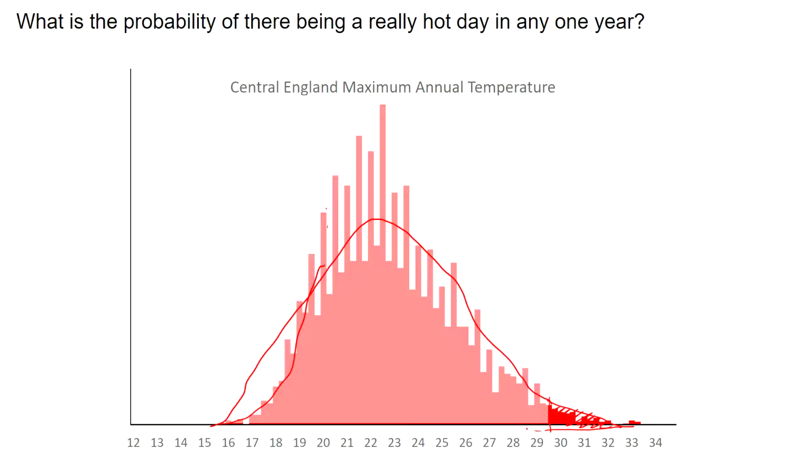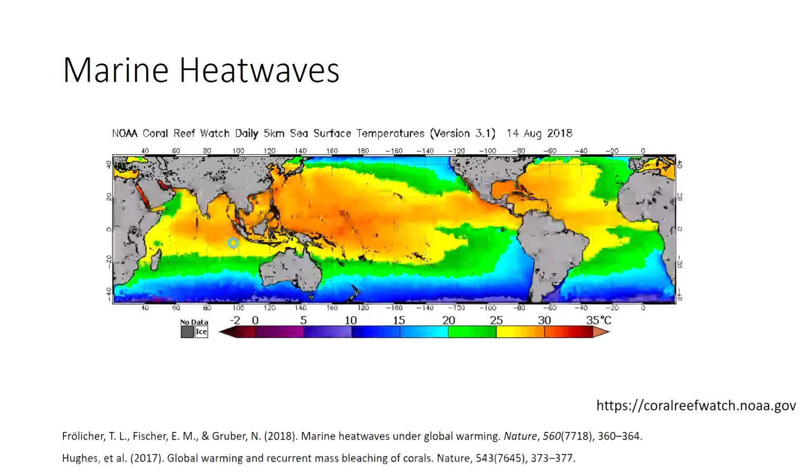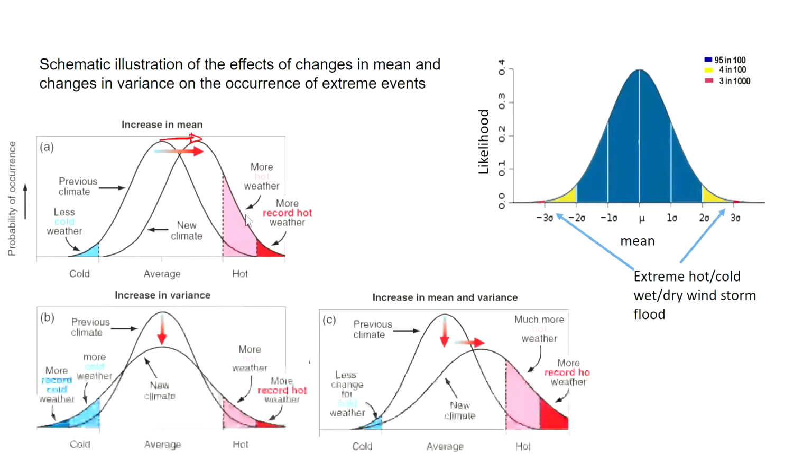But what would happen if we were to change the average temperature? If we take a similar distribution and just shift the mean, the whole distribution moves. Oh no, we've lost our pointer options pen. Here we go.